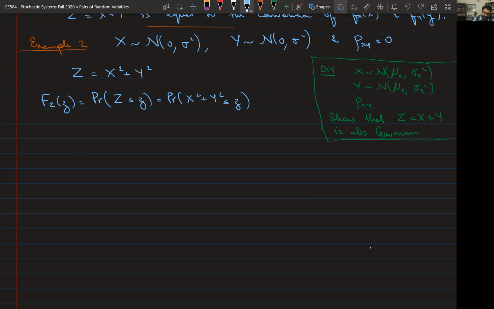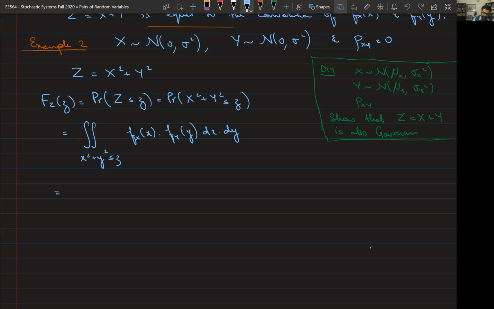And this will be an integral, therefore. So x squared plus y squared is less than or equal to z, over the fx of x times fy of y, dx dy.